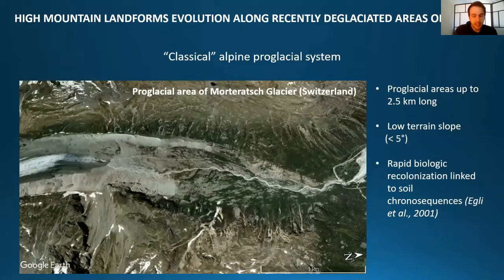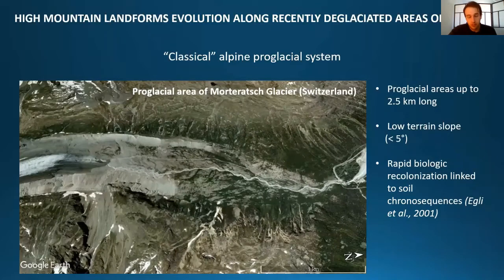These proglacial areas are characterized by a very large surface, up to 3 kilometers long, with very low terrain slopes, less than 5 degrees, and a rapid biological colonization of the area. This is a typical study site, the Morteratsch Glacier, where along the glacial area you can find trees, you can find shrubs, and then herbaceous vegetation.